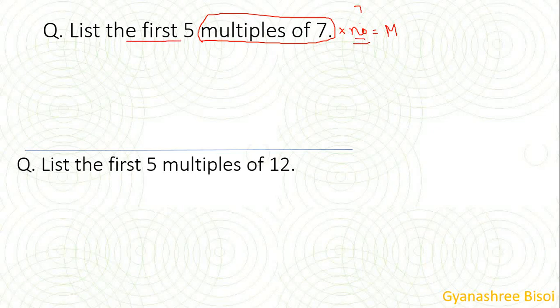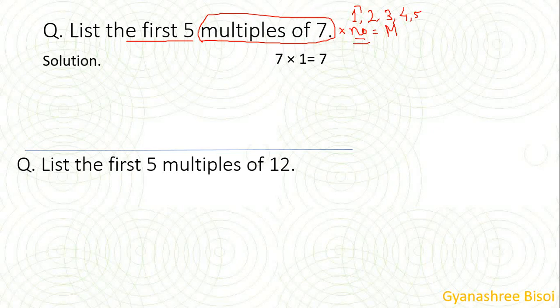See, the first 5 means we need to multiply 7 starting from the number 1. 1, 2, 3, 4 and 5. Then we can get the first 5 multiples of 7.